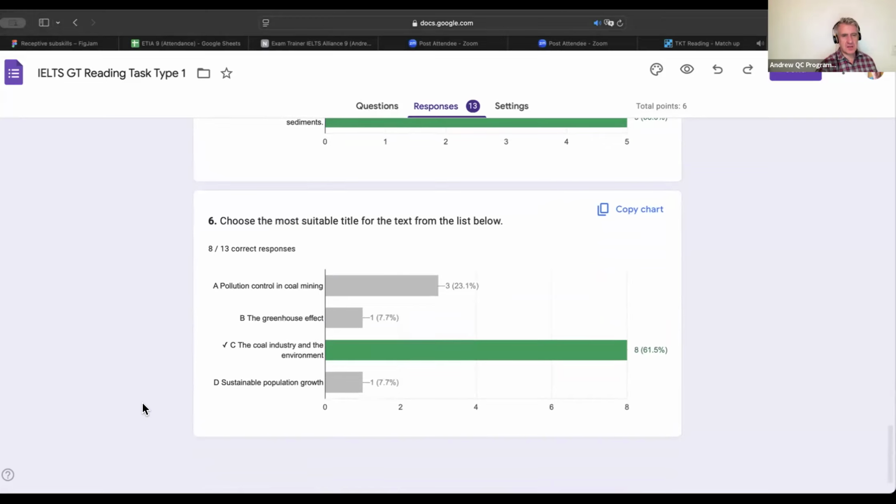The most suitable title, yes, is the coal industry and the environment. Yeah, not the greenhouse effect. Or even population growth. But A seemed like a close correct answer, didn't it?